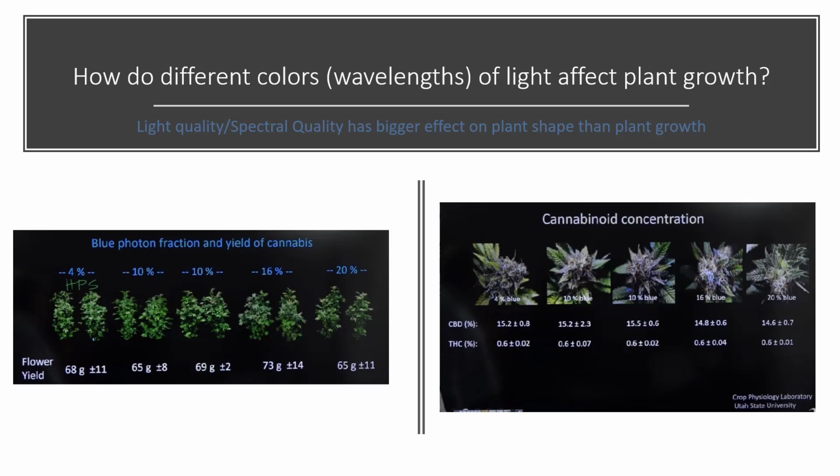There was no statistically significant difference between yield amongst these different treatments of blue light. The same goes not only for yield of flowers, but also cannabinoid concentration, like CBD and THC. There was no statistically significant difference in those concentrations with plants grown under these different concentrations of blue light. So it affects shape, not so much yield or productivity.